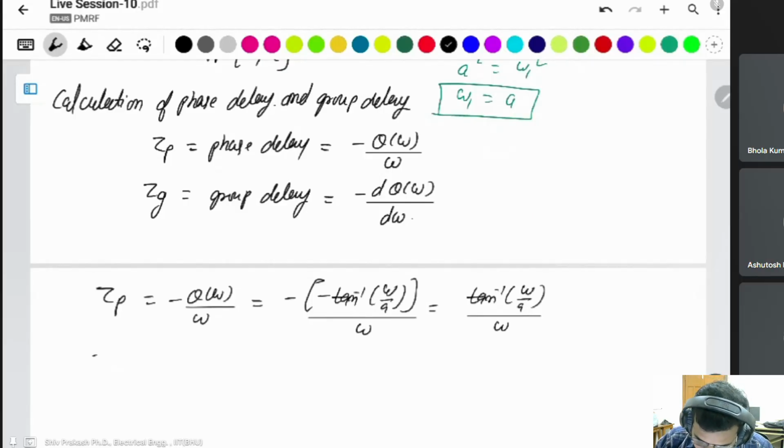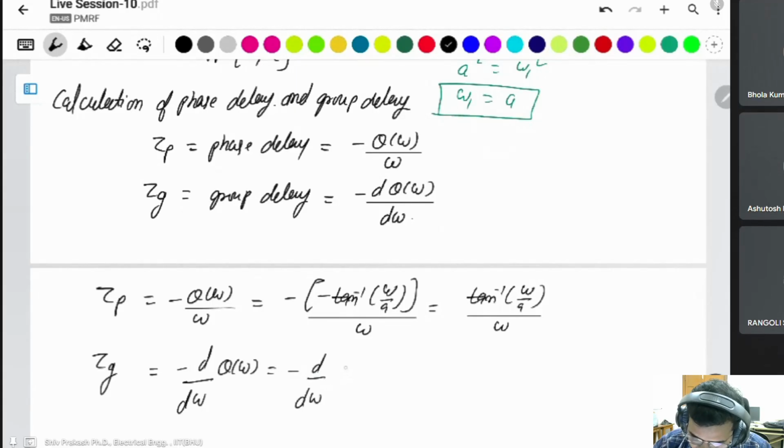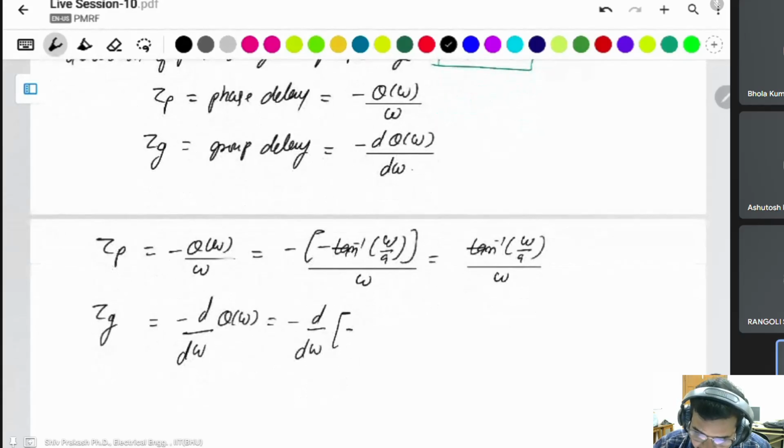And the same thing for the group delay, minus d by d omega of theta omega, which is minus d by d omega of minus tan inverse omega by a. Minus will be common, then it will be positive.